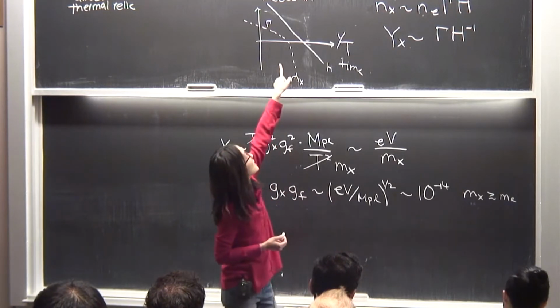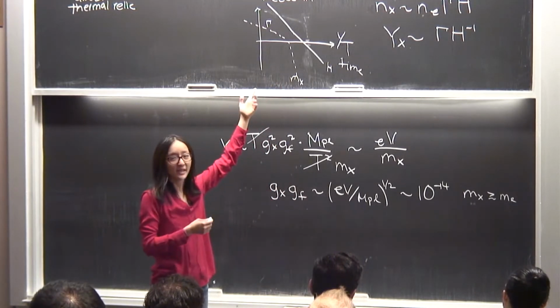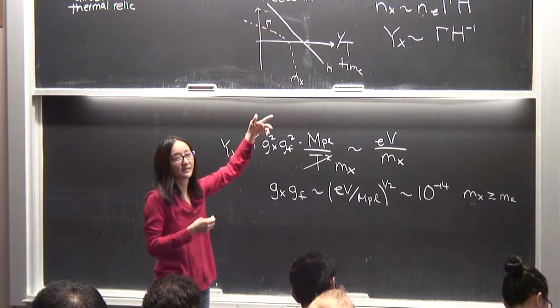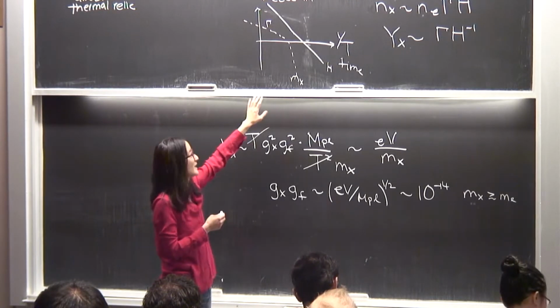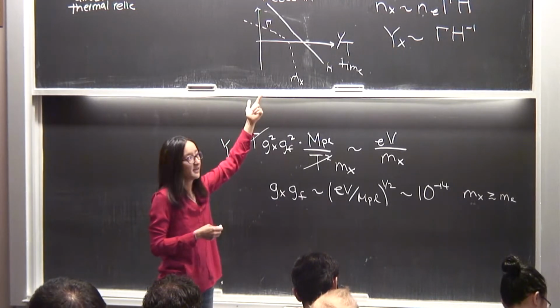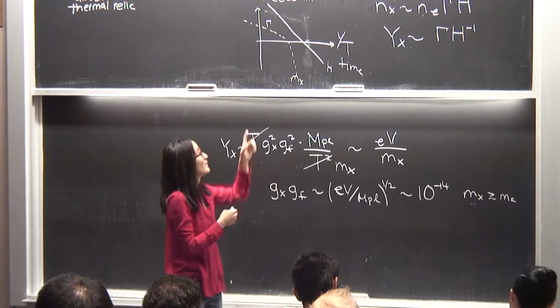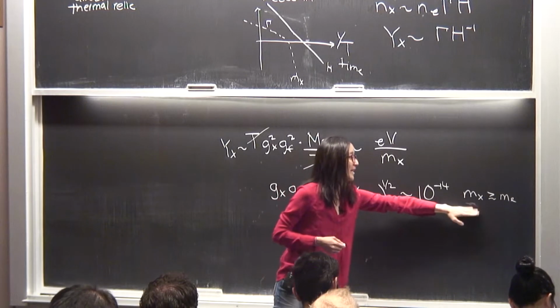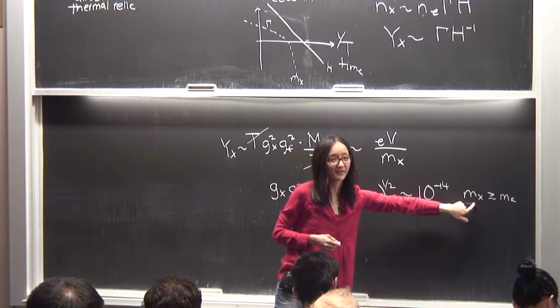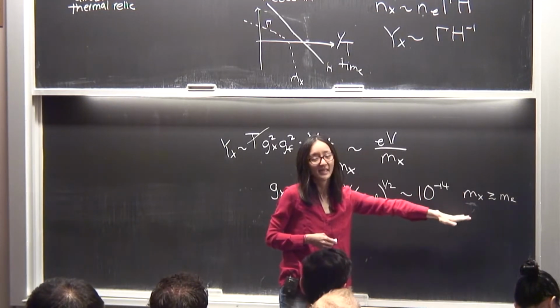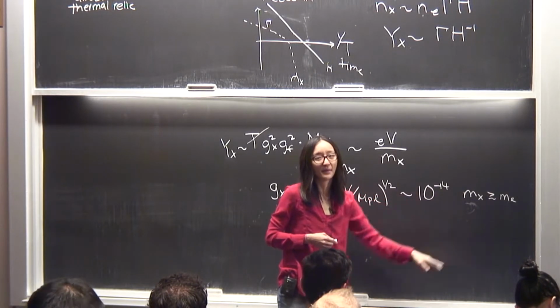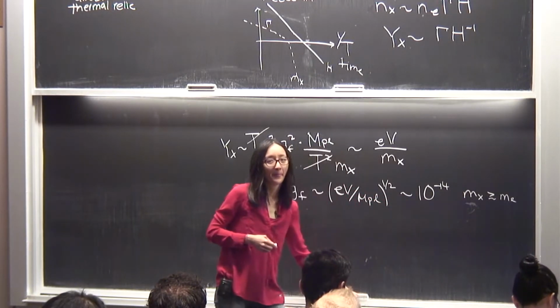You can imagine it has a similar temperature, or similar average kinetic energy, as the electrons as it's being produced, but then it starts to become non-relativistic and its kinetic energy drops even faster if it's decoupled from the standard model, so it'll be cold.